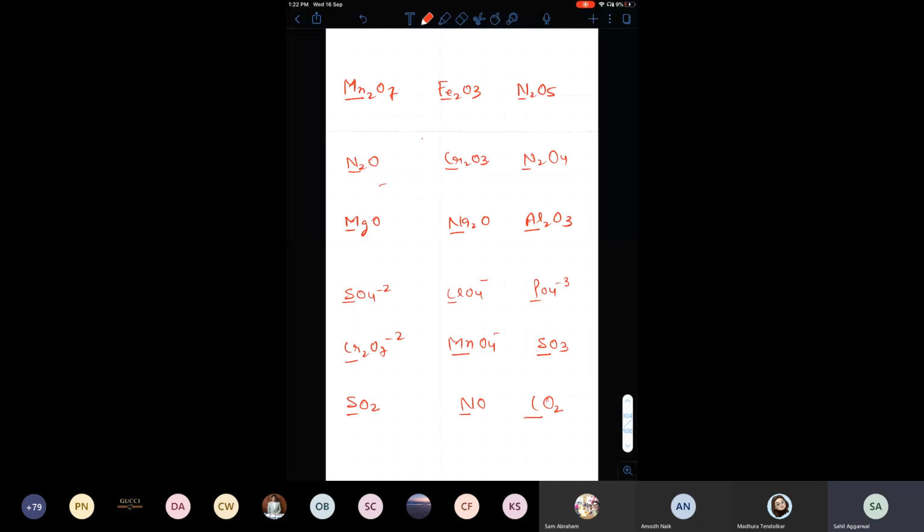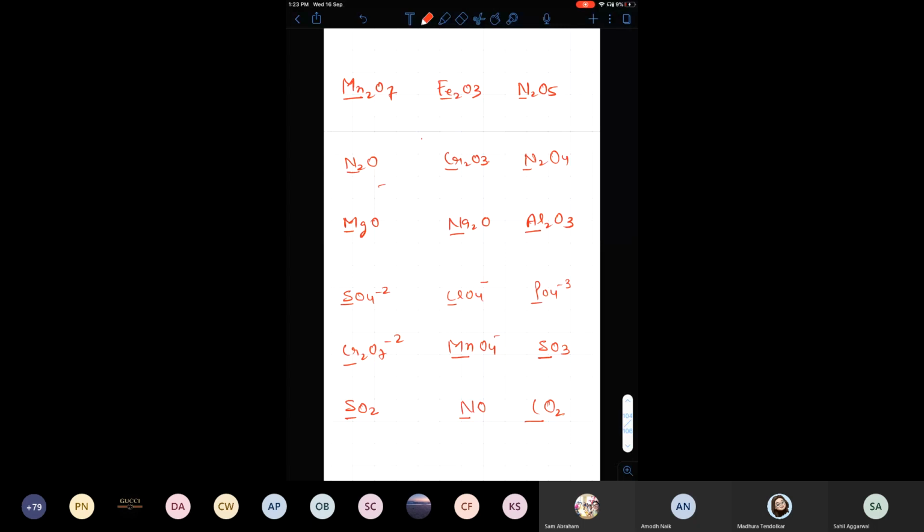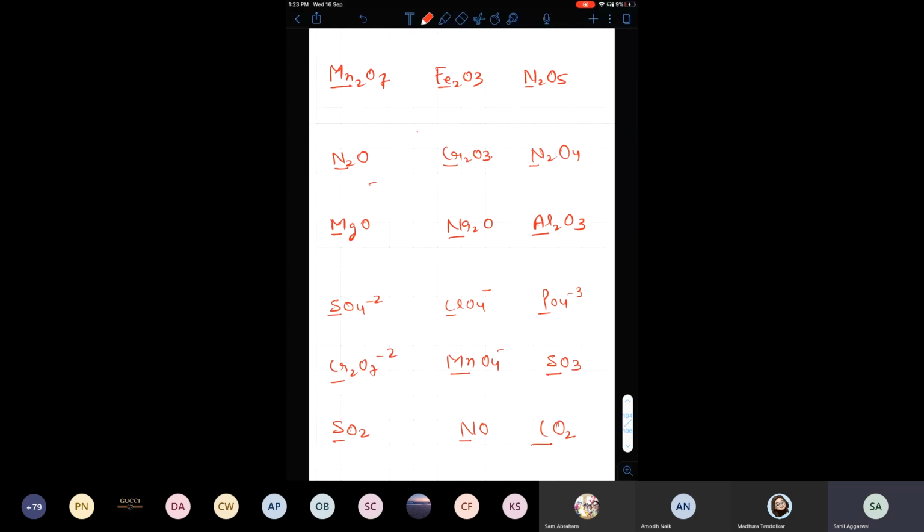Go for all the compounds. Sakshi, not done for Fe2O3.